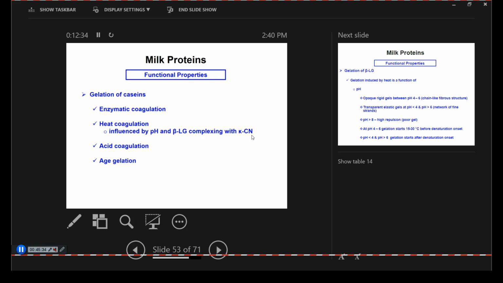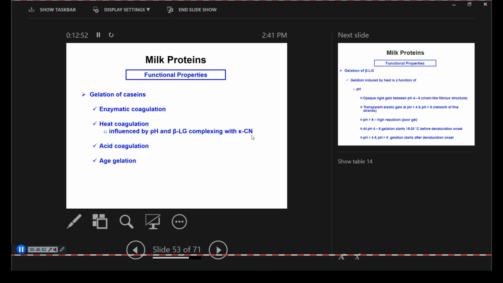The heat coagulation is influenced by pH as well as beta-lactoglobulin denaturation by heat, which will complex with kappa casein and with further heat treatment can coagulate together.